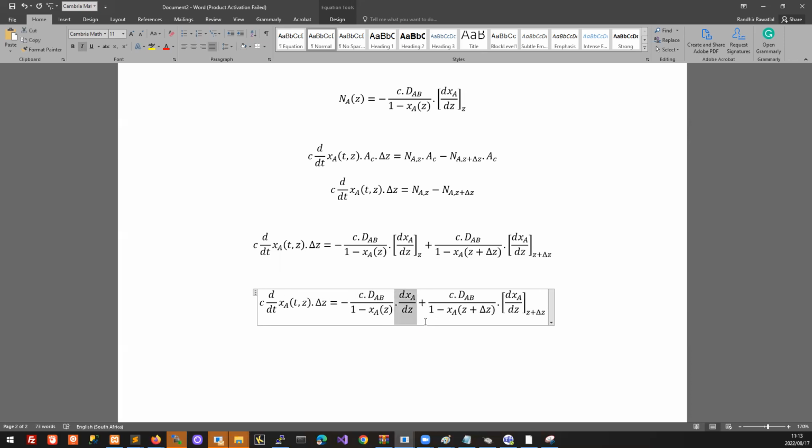So we can say all of this we'll put inside brackets and say this is all at position Z, which looks pretty obvious. So we can say this is at Z equals Z. And then we're going to do the same thing here.